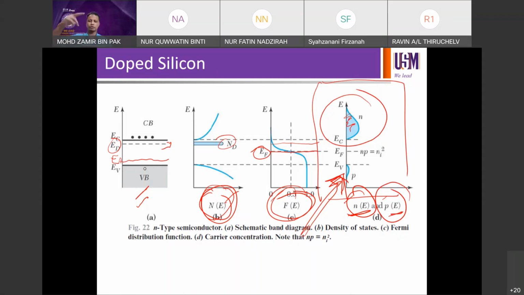So you swap the position of the area under the curve. So the n is going to be a lot smaller than the p, because in that particular case, you are incorporating more holes into the semiconductor to make it more and more p-type. Okay, good. So that's how it looks.